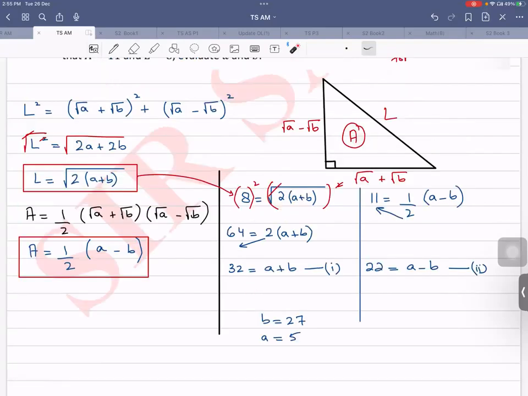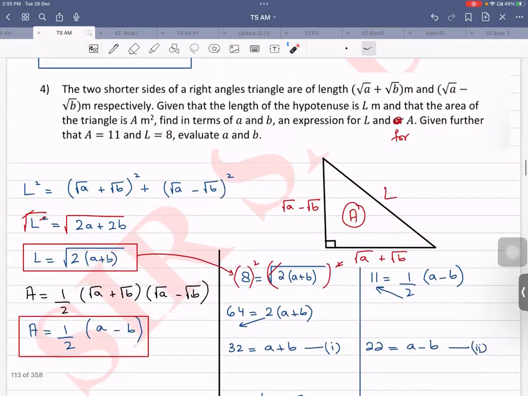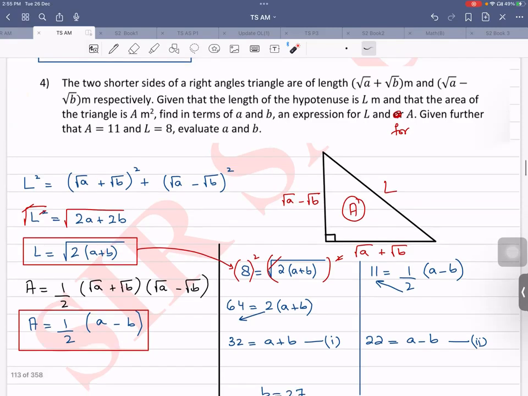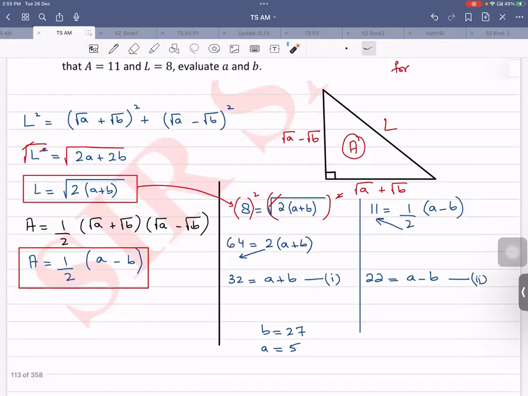Are we making a mistake anywhere? Because A as 5 and B as square root 27 is wrong.